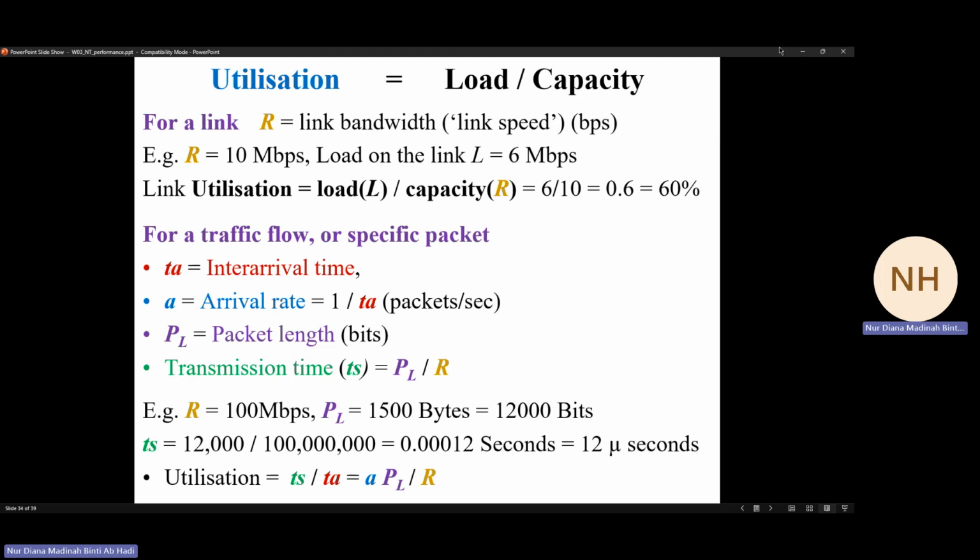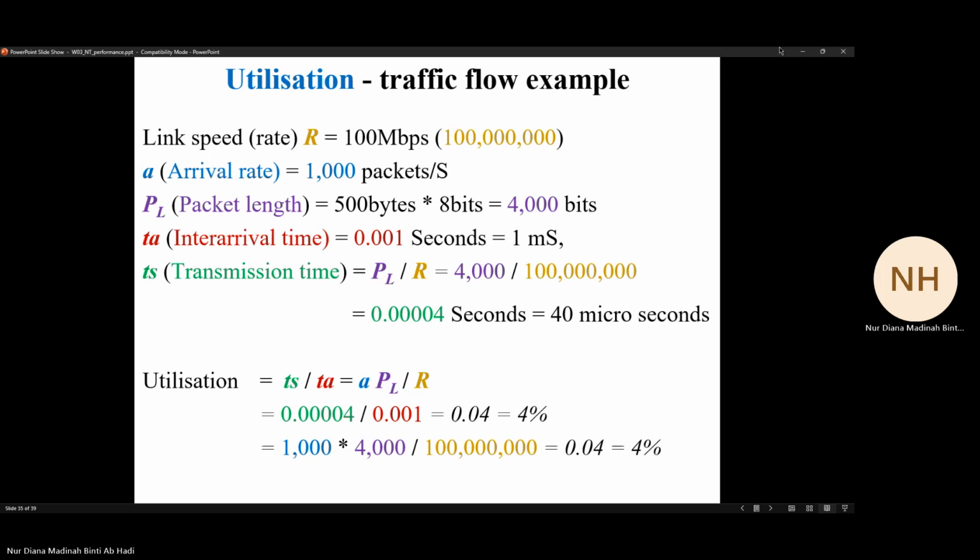Or you also can use A, your arrival rate, times your PL, which is packet length, divided by your link bandwidth. Okay, next is a more detailed explanation so that you can understand. So how can the bytes be converted into bits?